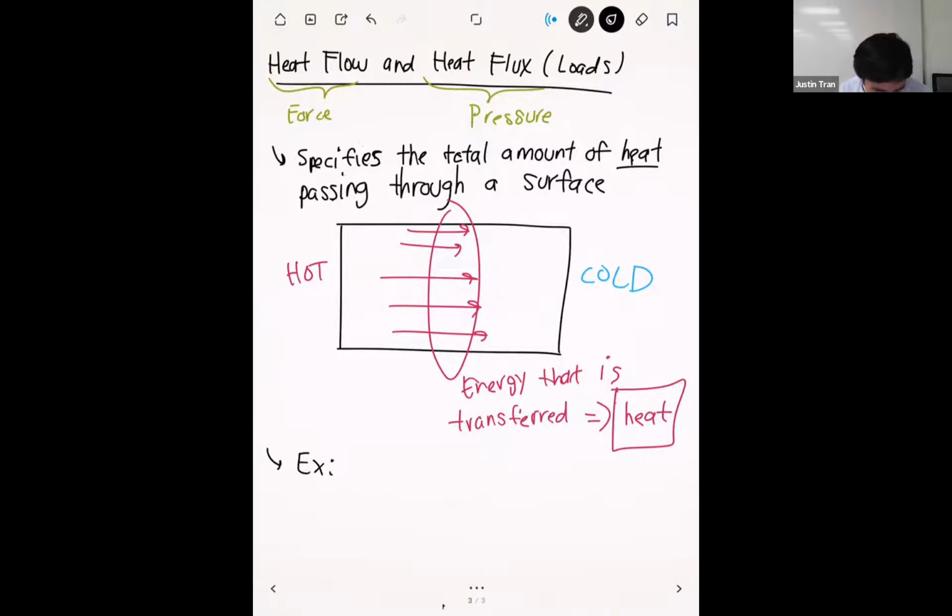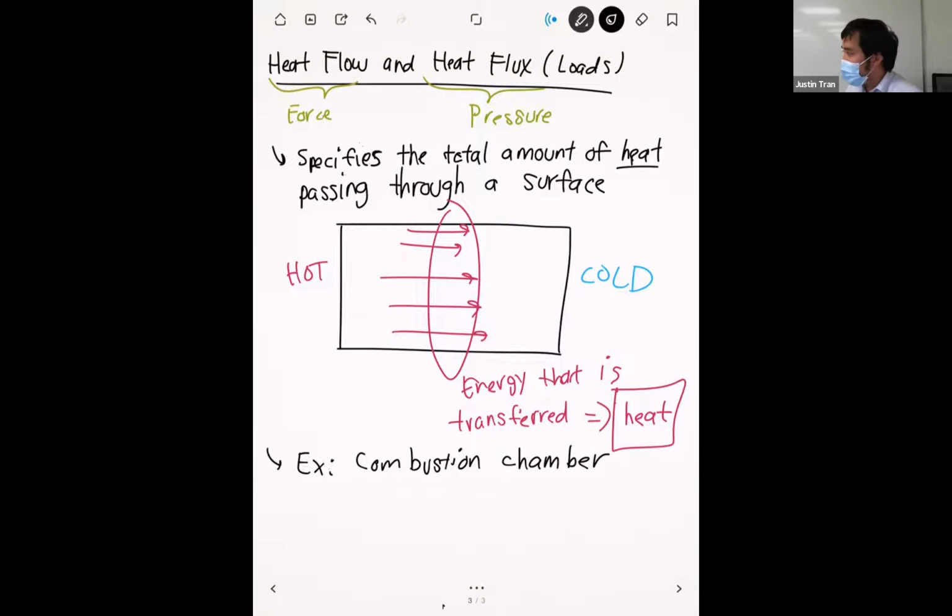All right, so one example could be a combustion chamber. Let's say that you want to compute how the temperature in your car engine is changing as a result of a combustion reaction inside the engine, and you want to specify a boundary condition on that combustion chamber.